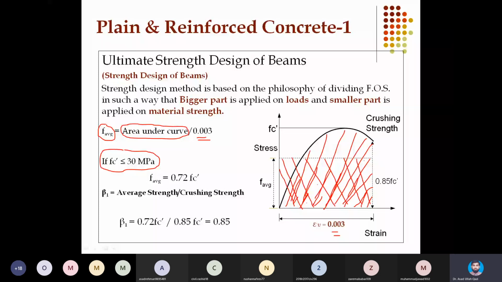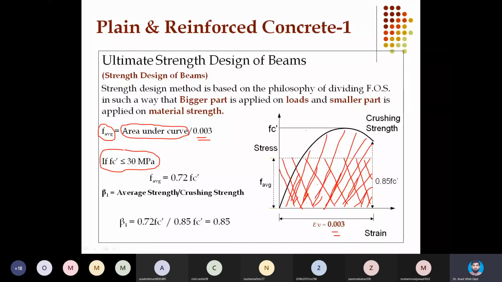So it means I have converted this area, a varying stress, into a uniform average stress, F average, by making both areas equal, by dividing the area under the curve with the abscissa.